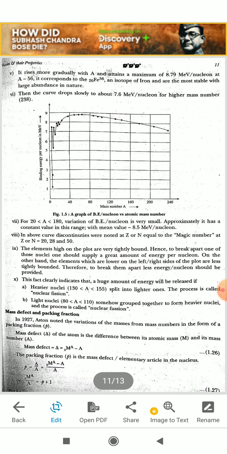The packing fraction is the ratio of the mass defect to the mass number, so P equals (M minus A) upon A. If we divide M upon A, that is minus 1, so M upon A equals packing fraction plus 1.